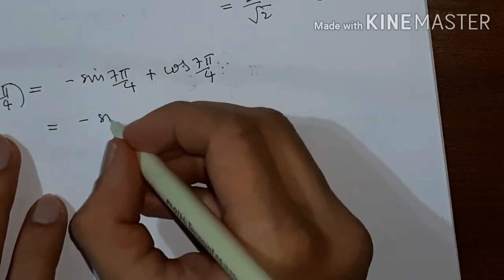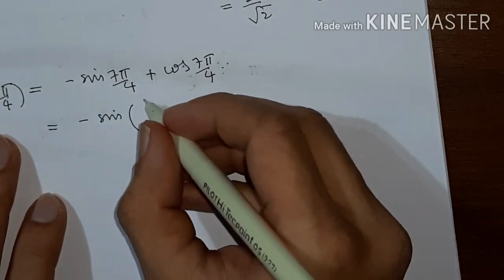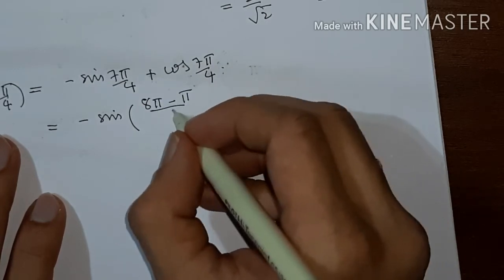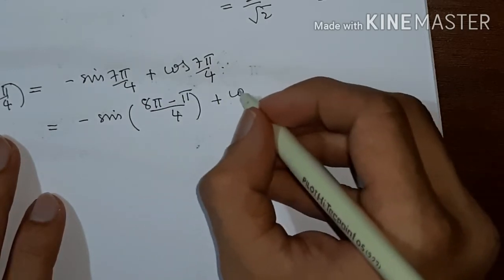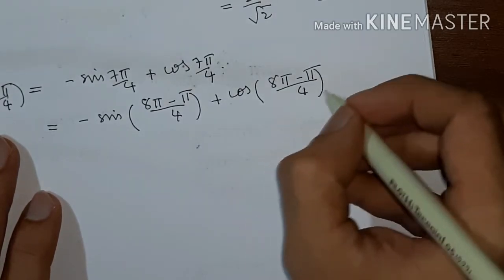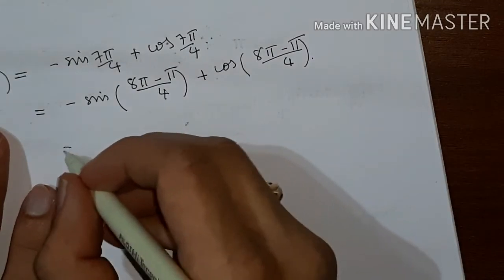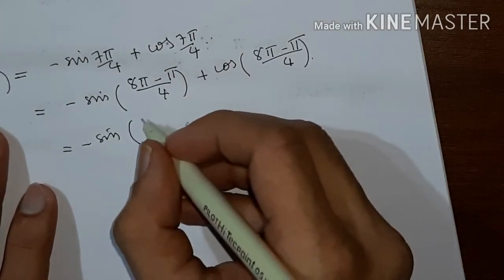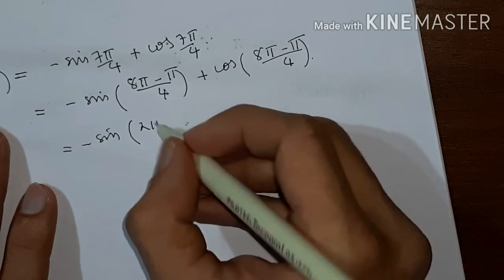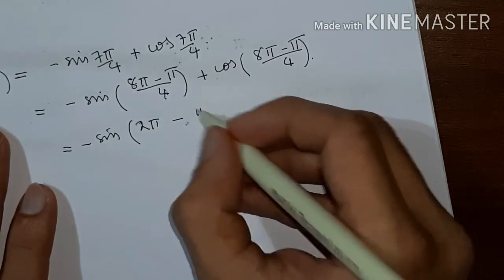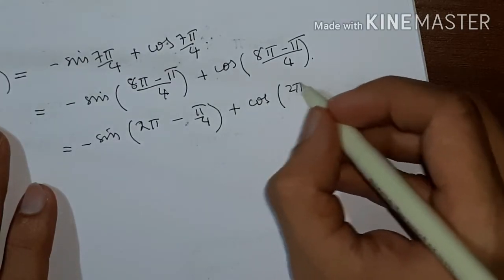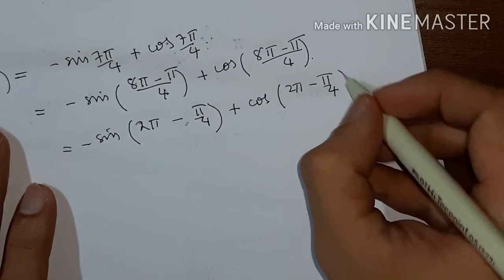You can write 7 pi by 4 as 8 pi minus pi by 4, so minus sine of 8 pi minus pi by 4 plus cos of 8 pi minus pi by 4. If you separate the numerators you will get 8 by 4, that is 2 pi minus pi by 4, plus cos of again 2 pi minus pi by 4.